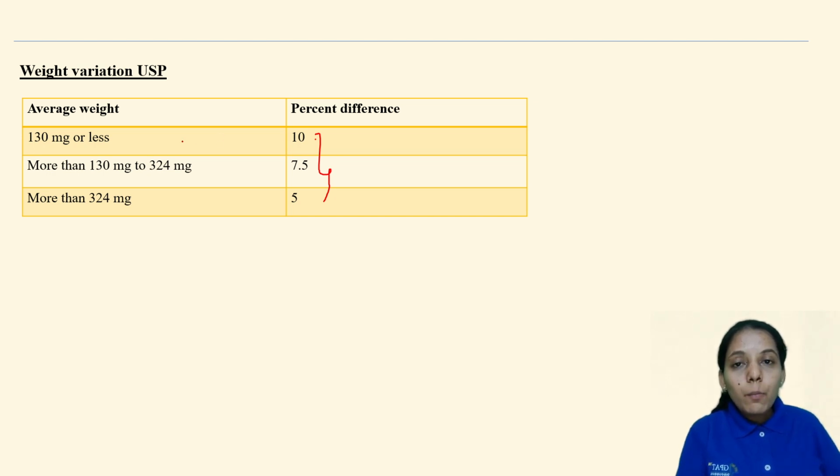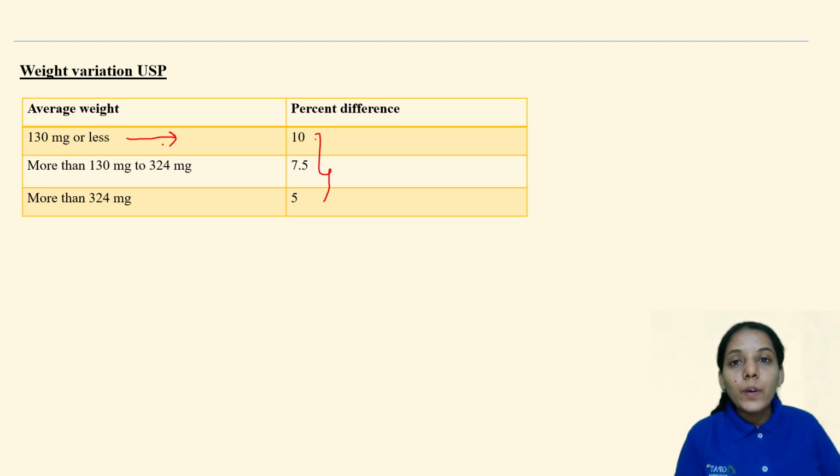Now it depends upon the tablet weight. For example, if the tablet weight is 130 mg or less, then the difference between the average and the individual should be less than 10%.